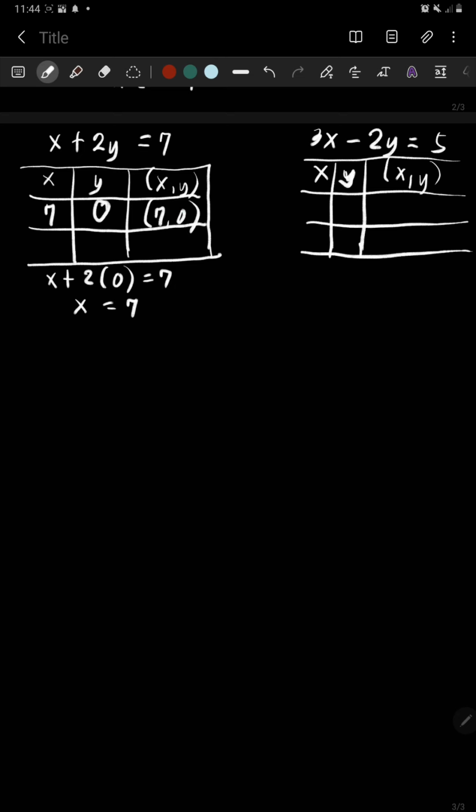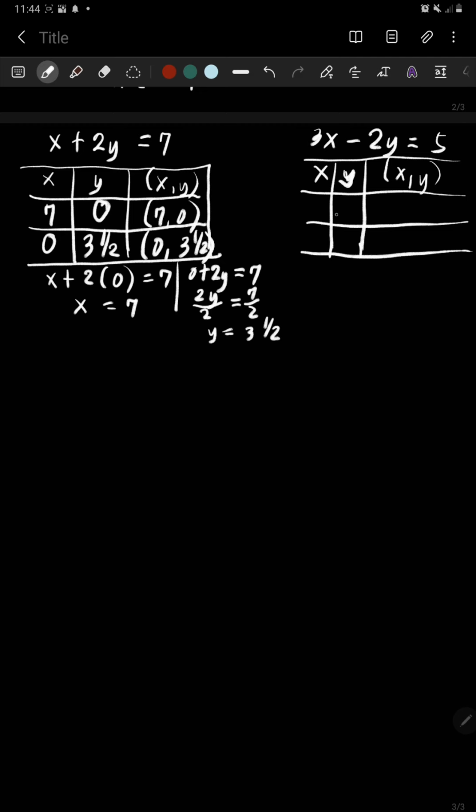And then to get the y-intercept, we need to let x be equal to 0. So 0 plus 2y equals 7. So you have 2y equals 7. We divide by 2. So y is 7 over 2, that is 3.5. So you have an ordered pair 0, 3.5.